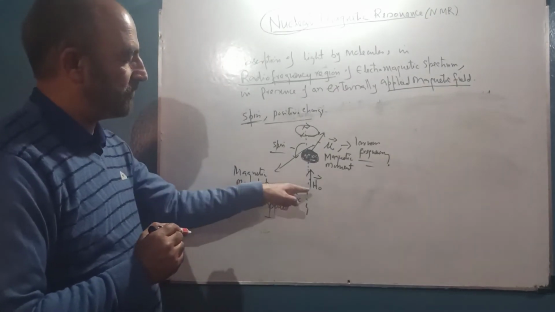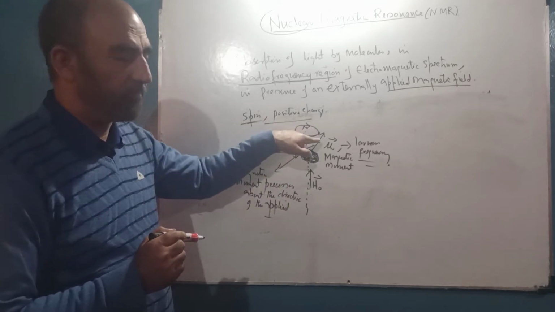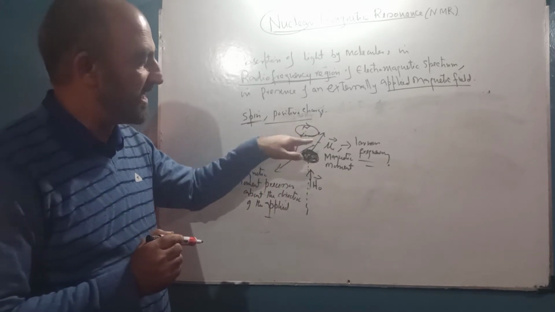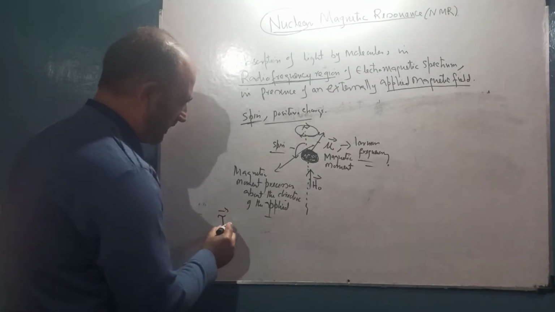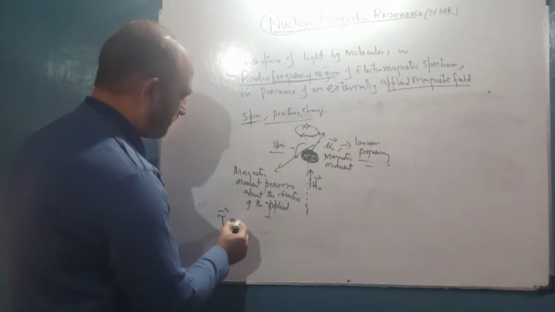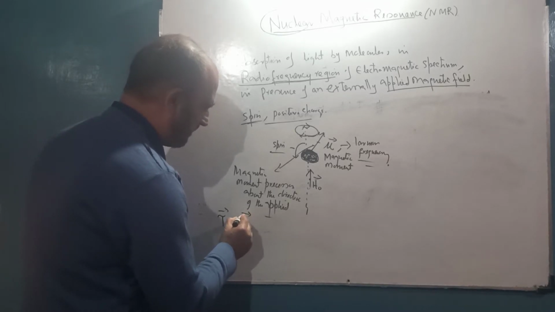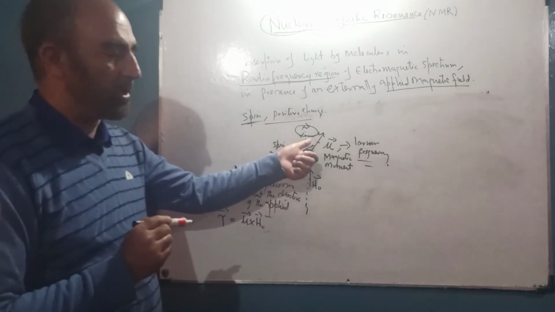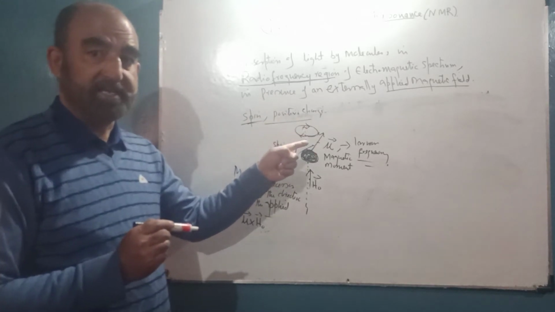Or we say that this applied field, this is the axis of the applied field, imparts a force on this magnetic moment, that's called torque. That torque, again a vector quantity, is given by the cross product of the magnetic moment vector and the applied field vector. And that torque makes this magnetic moment precess about the field axis.